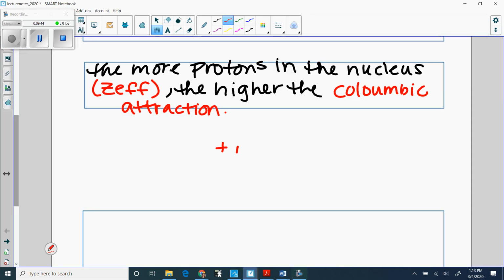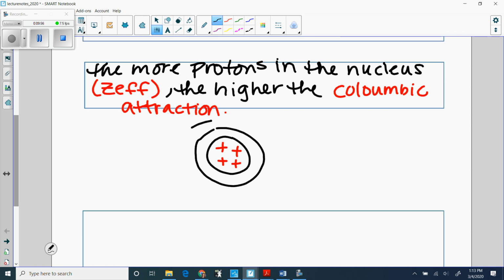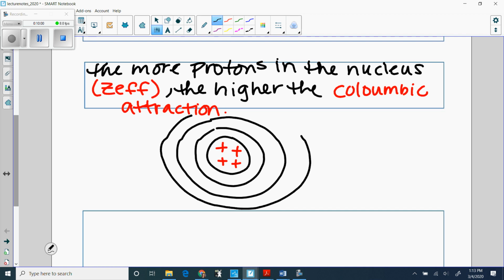I am randomly just picking 4 protons, just because that seems like a good amount to fit in a circle without being too squishy. I'm going to draw 3 energy levels, but I'm only going to put electrons in 2 to kind of make the point that they exist even though the electrons are not currently living there.